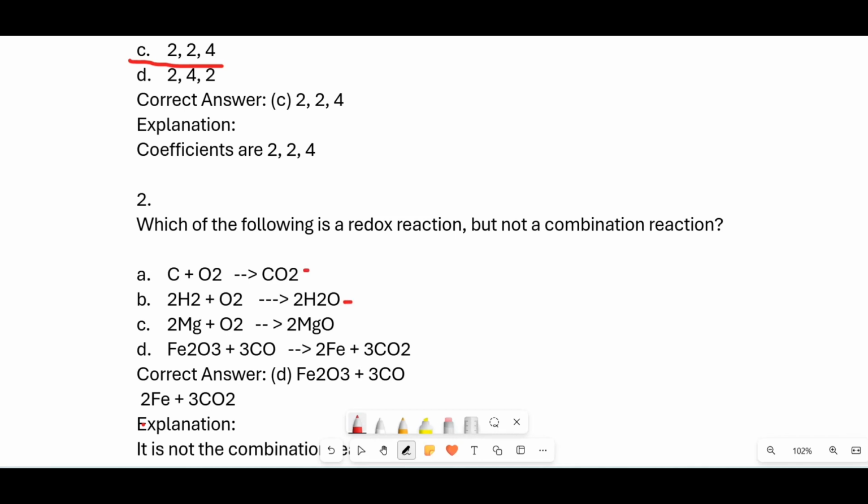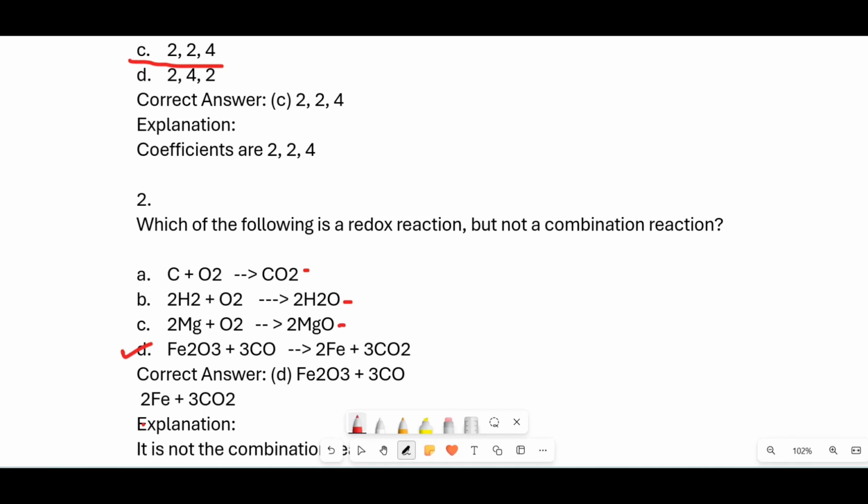Then Mg plus O2 giving MgO. All these are combination. Now what about the last reaction? Fe2O3 plus 3CO, carbon monoxide, you get Fe and CO2. Okay, here carbon monoxide acts as a reducing agent. So this is a redox reaction, but it is not a combination reaction. So our answer is Fe2O3 plus 3CO gives 2Fe plus 3CO2. It is not a combination reaction.